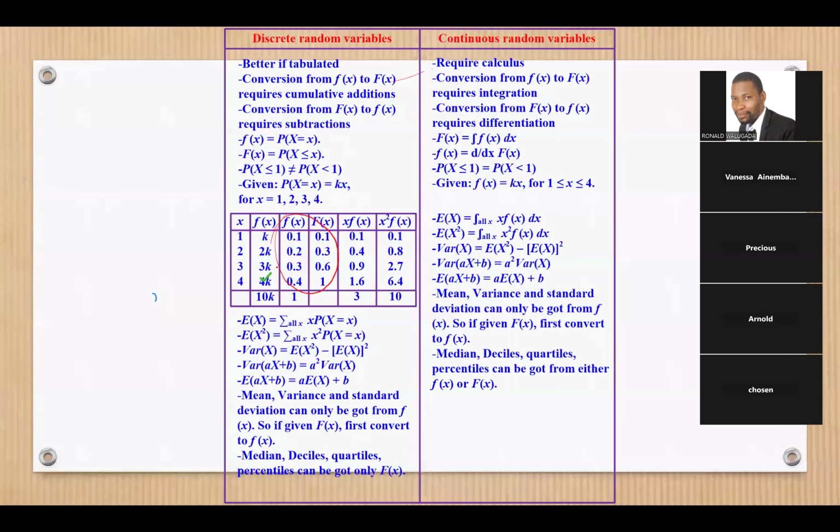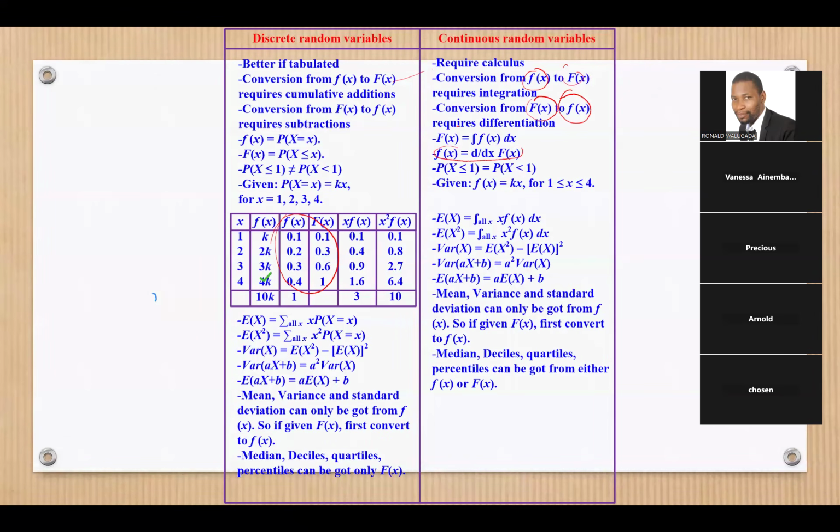Here we cannot tabulate. In continuous, if you draw a table, automatically everything is never okay. So when they need to convert from small fx to capital Fx, you have to integrate. When they want to convert from capital Fx to small fx, you have to differentiate.